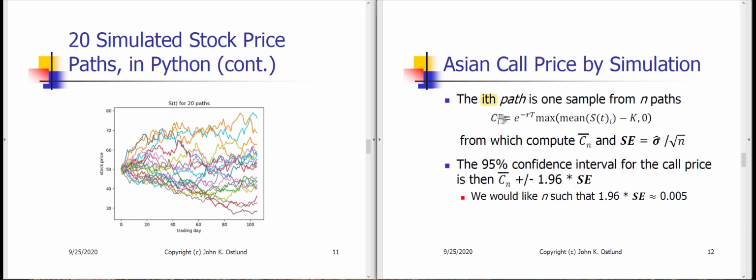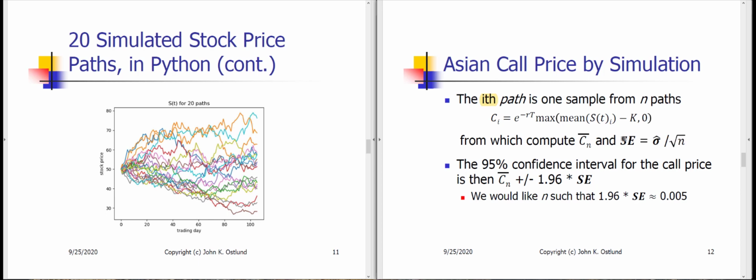If we have n of these, we can compute C bar sub n, the mean of all of those call prices, and we can also compute the standard error of that mean by computing the standard deviation over all the call price paths and dividing that by the square root of the number of paths that we have simulated. Okay?